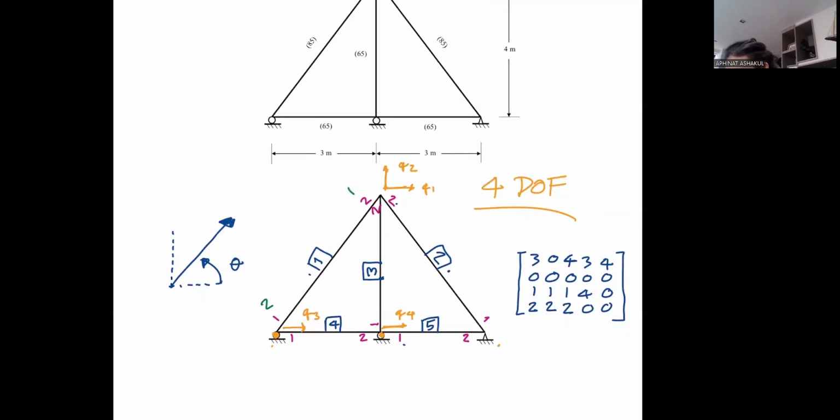The difference is that now your member number 1 vector is going to point to quadrant number 3. You see that? And here is your origin. And therefore your orientation becomes this instead.